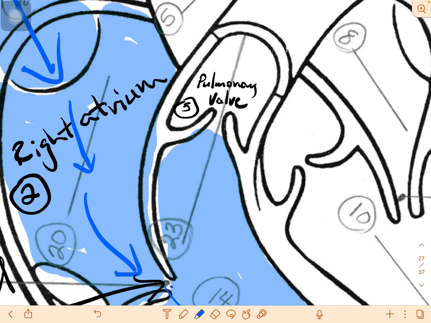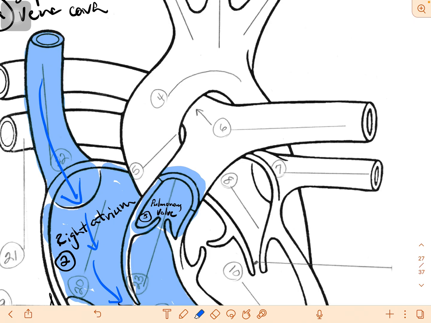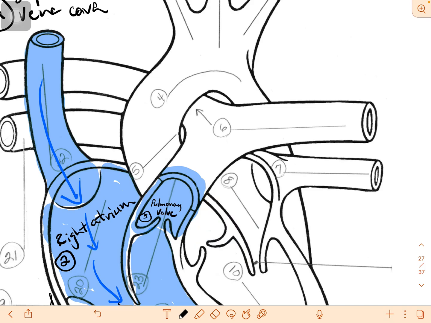And let's highlight this guy. Pulmonary valve is going to now lead to number 6. It actually happens to be labeled number 6, and we're going to call this the pulmonary artery.